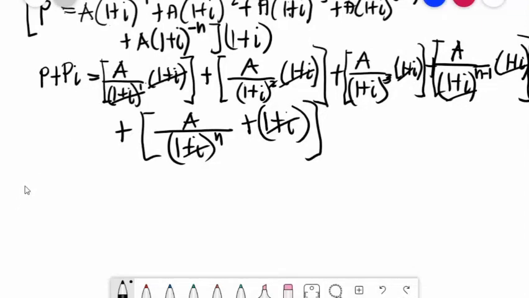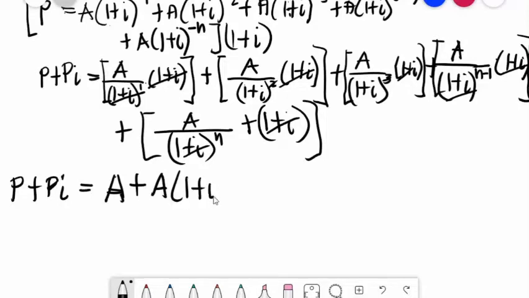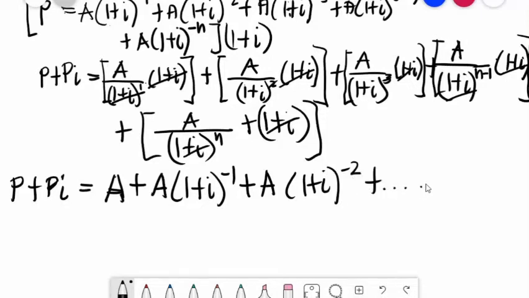And you will get P plus Pi is equal to A plus A times 1 plus I raised to negative 1 plus A times 1 plus I raised to negative 2 plus, and so on, A times 1 plus I raised to negative N plus 1. Okay?